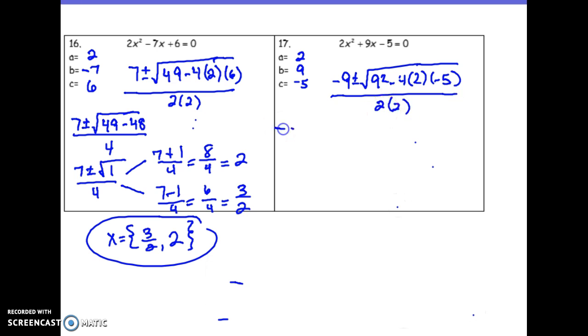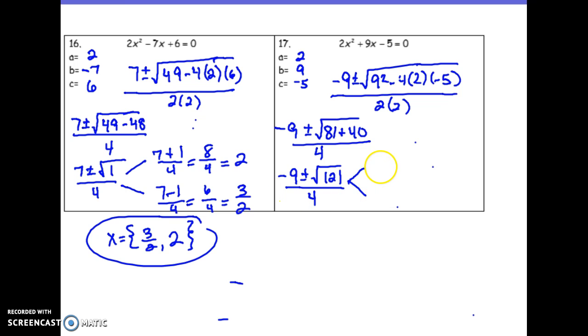So we end up with negative 9 plus or minus the square root of 81 plus 40, divided by 4, sorry. And that would be negative 9 plus or minus the square root of 121, divided by 4. Okay, we branch out. This is negative 9 plus 11, because the square root of 121 is 11, divided by 4, which gives us 2/4, or 1/2.